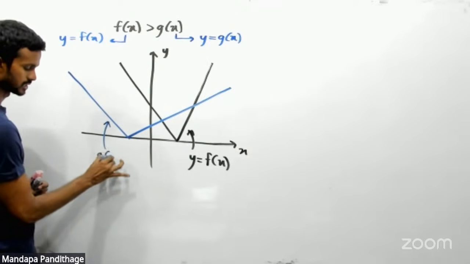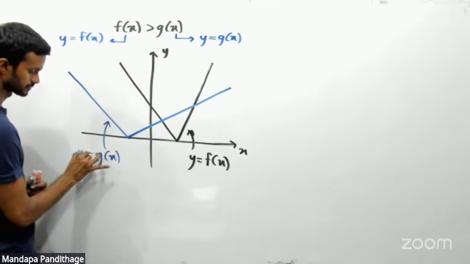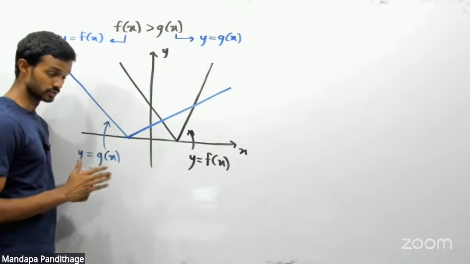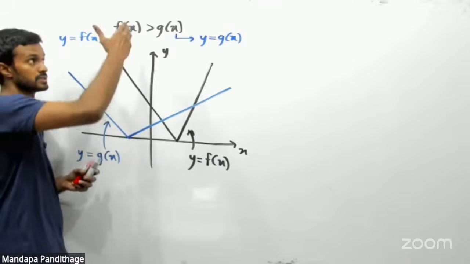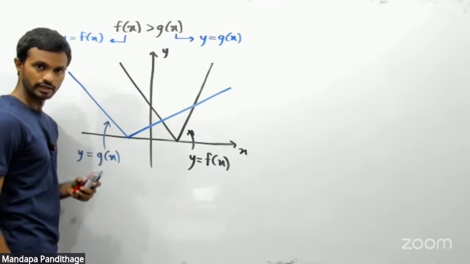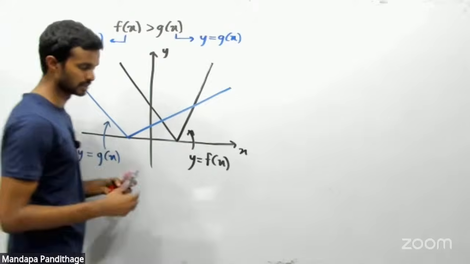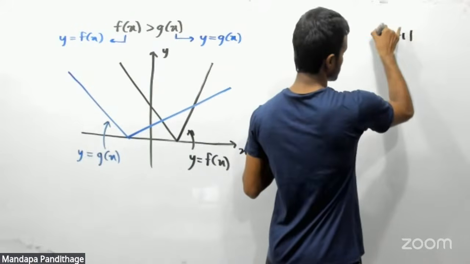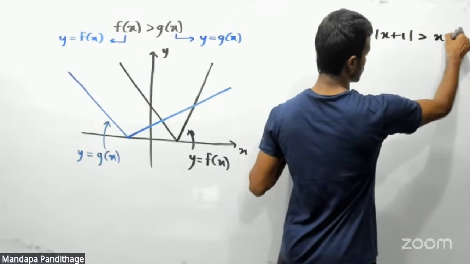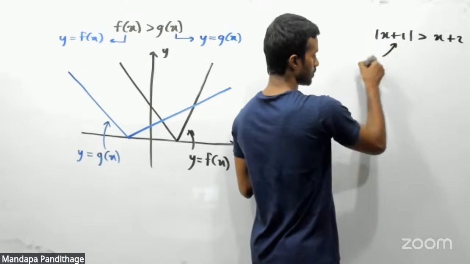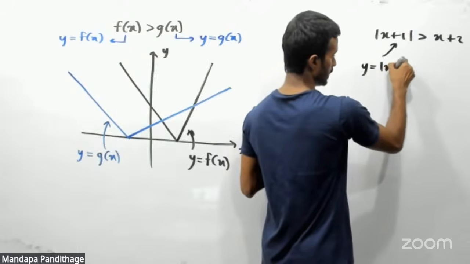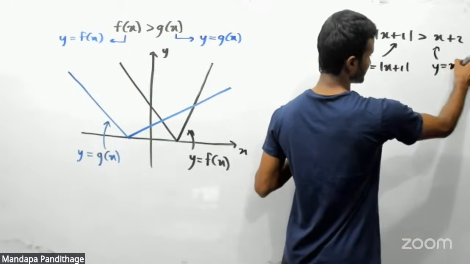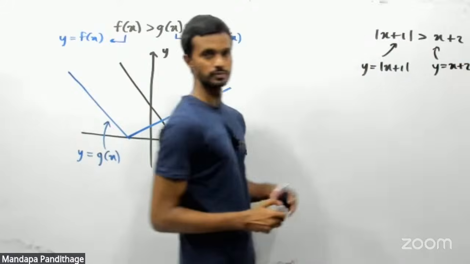So first step is we are supposed to sketch the graphs of the functions which can be seen in both sides of the inequality. Clear? For example, let's say we have modulus of x plus 1 greater than x plus 2. So from this end draw y equals modulus of x plus 1, and from this end draw y equals x plus 2.